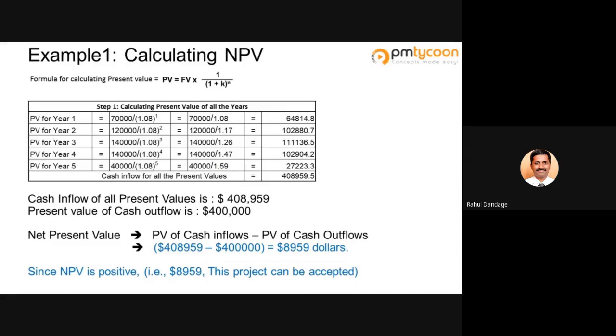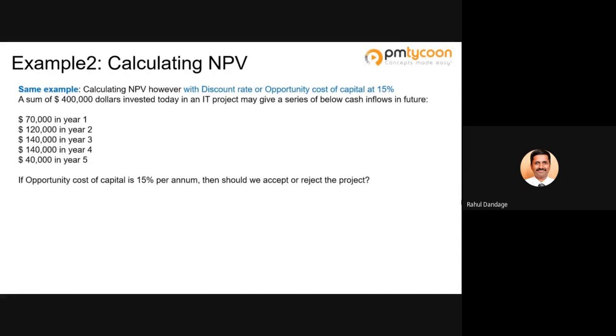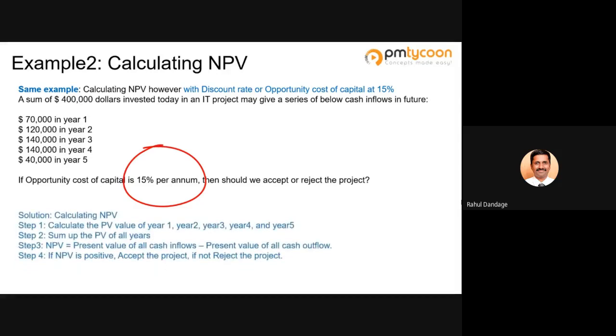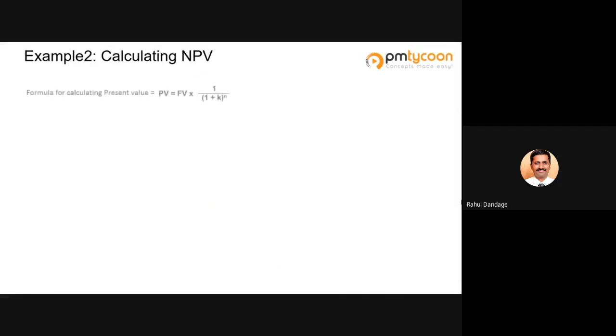Now let's go ahead and do one more calculation on net present value with the same example, but this time instead of using the discount rate as 8%, let us make it 15% and see what's the outcome of the project. Okay, so you can pause the screen and do the calculations, but I have done it for you.